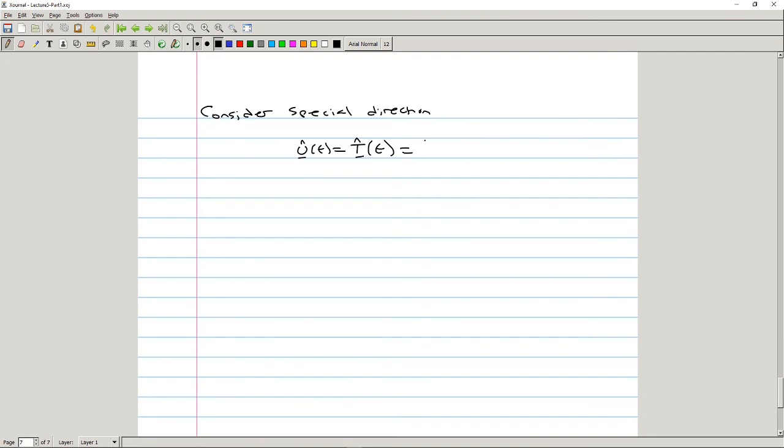Remember, the tangent vector of the curve is the derivative of the position vector along the curve over the magnitude of the derivative, or in terms of arc length, is just dr ds. Right, this is one of the things that we showed.